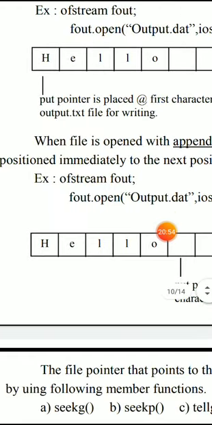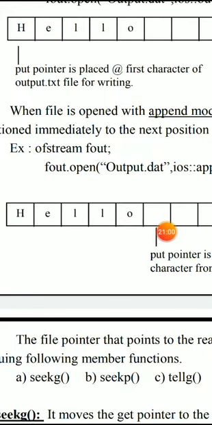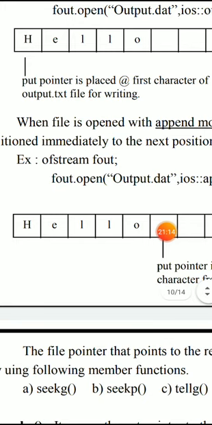Next, when the file is open in append mode, what happens? Say, for example, you have previously entered 5 characters, that is hello, in a file. Next time, if you want to start the next character in the same file from the last character position of the previously stored data, then first of all you have to open the file in append mode.